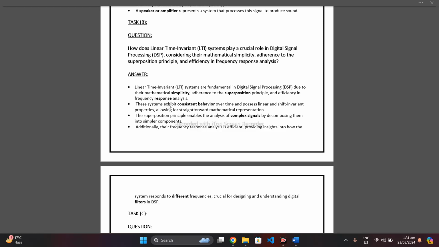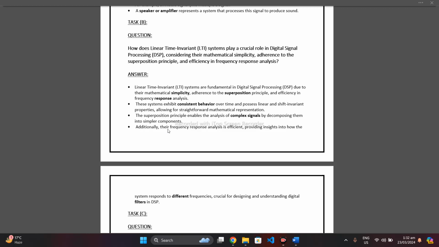These systems exhibit consistent behavior over time and possess linear and shift-invariant properties, allowing for straightforward mathematical representation. The superposition principle enables the analysis of complex signals by decomposing them into simpler components.